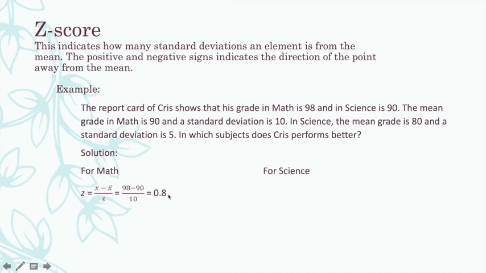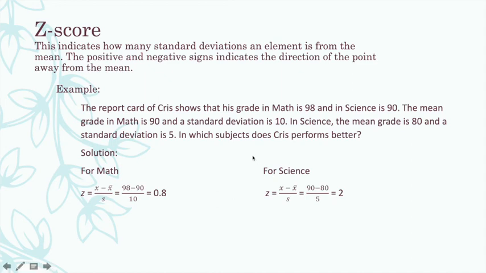So for science, z-score is equal to x minus x bar over s. Your observation, or the x, is 90. And the mean in science is 80. And the standard deviation in science is 5. So the z-score in science is 90 minus 80, that's 10. 10 over 5, that's 2.